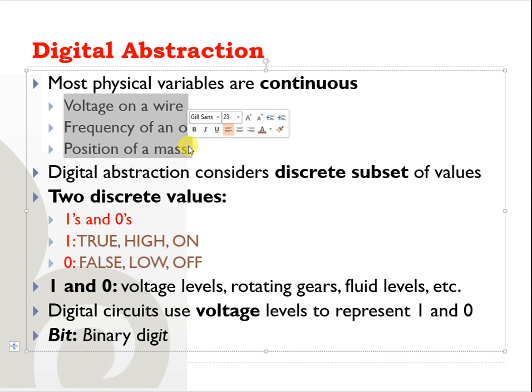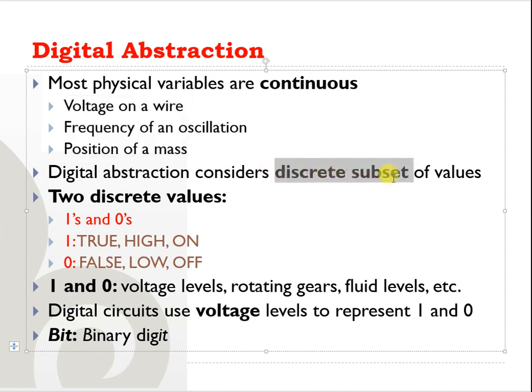However, our computers, the digital computers, cannot work with continuous values. They need to have a digital abstraction of the continuous values in order to be able to process them. So they will consider a discrete subset of the values.